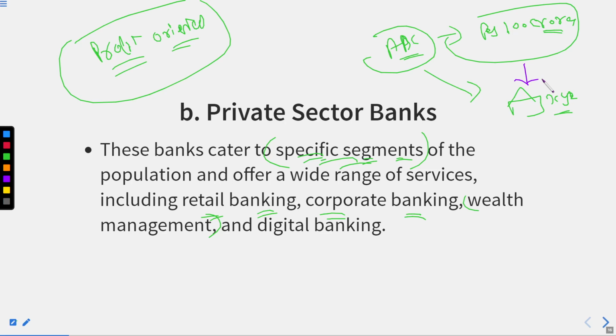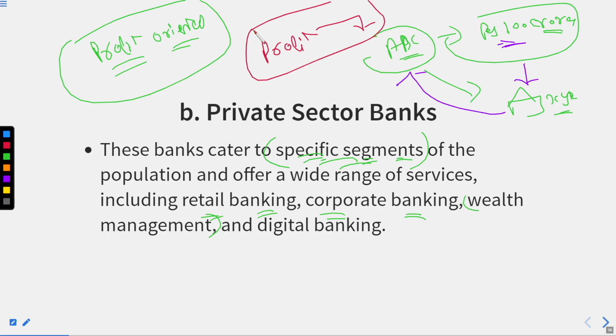All right, each and every action would be communicated to ABC about the 100 crores, and also the profit will be shared with ABC.